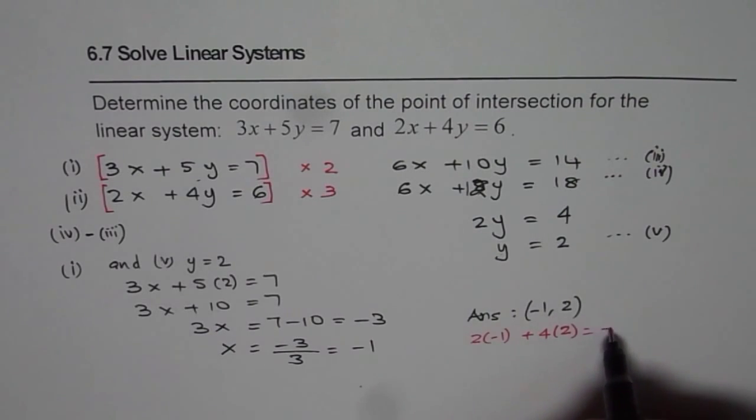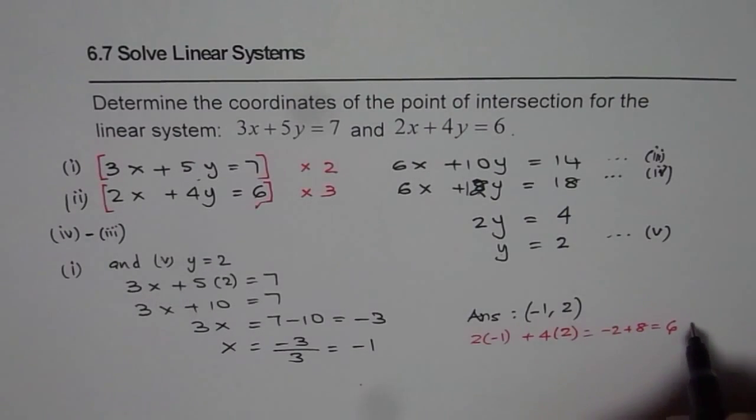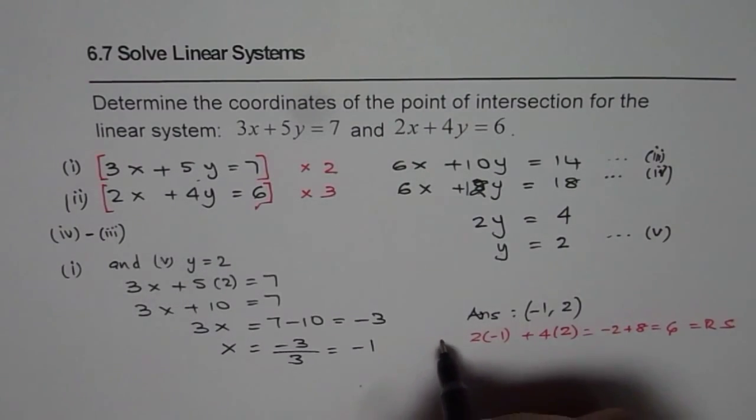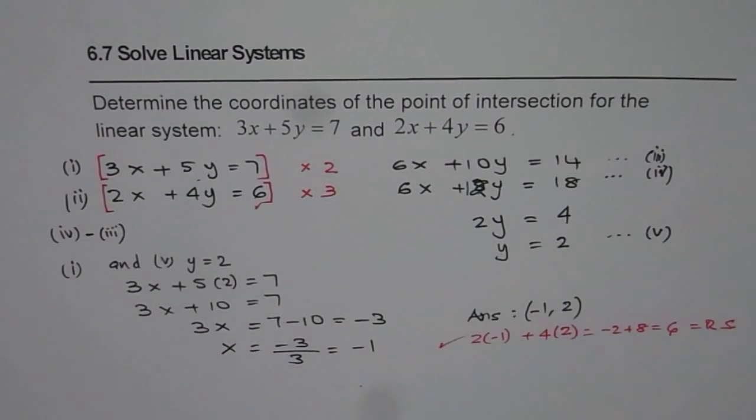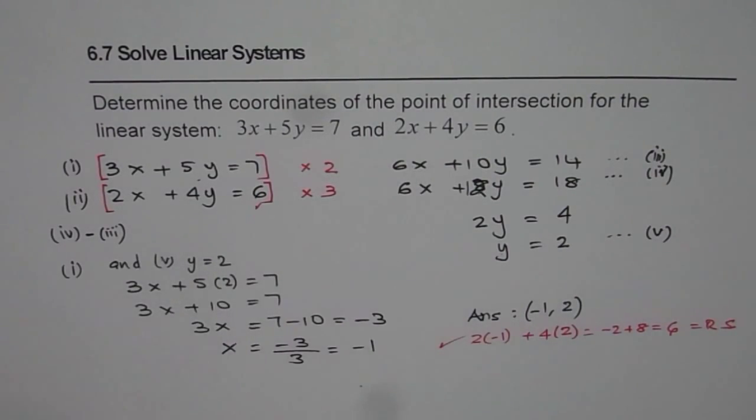We get minus 2 plus 8, and that is indeed 6, which is the right side, correct? So it works. Since we calculated this from the first equation, we know it will work in the first equation also, right?